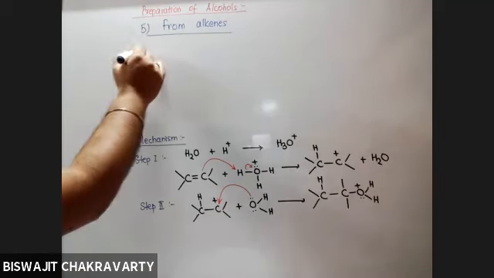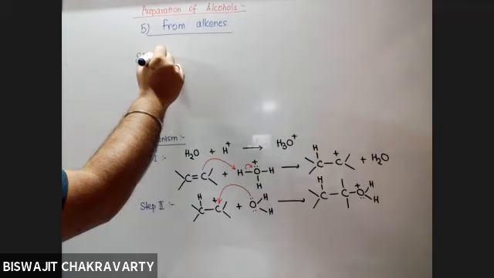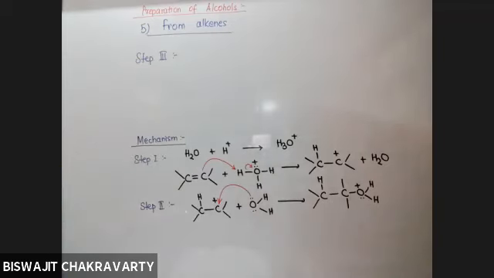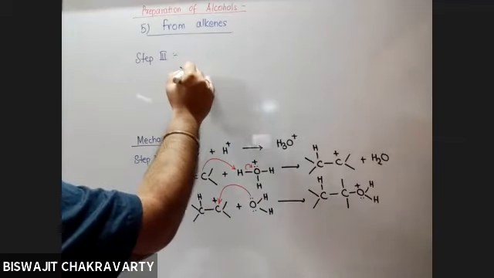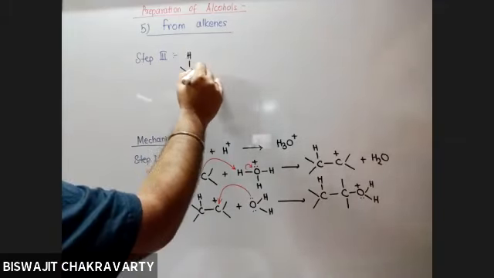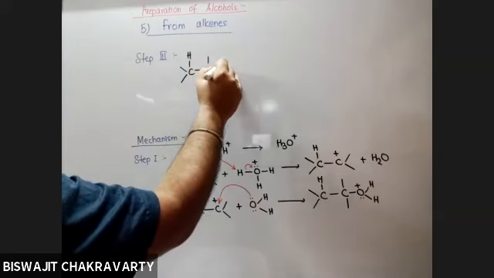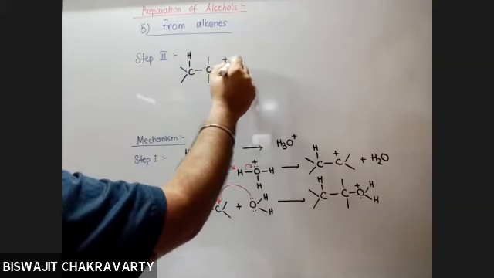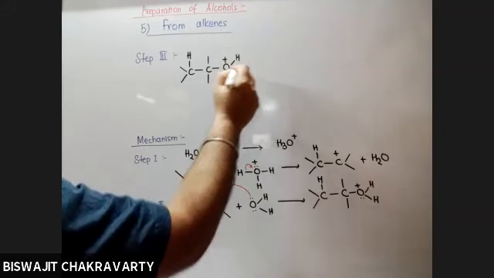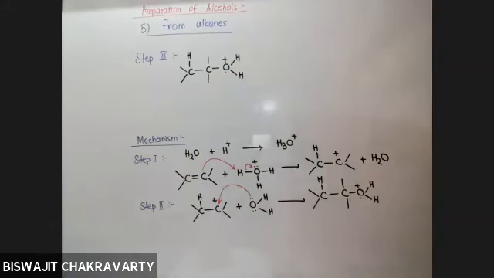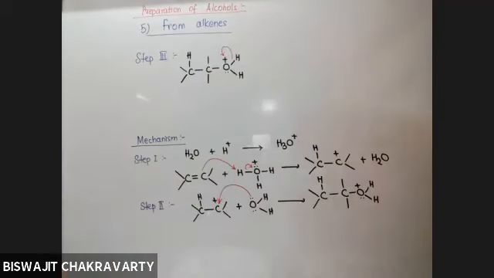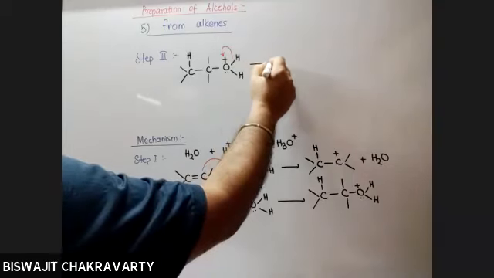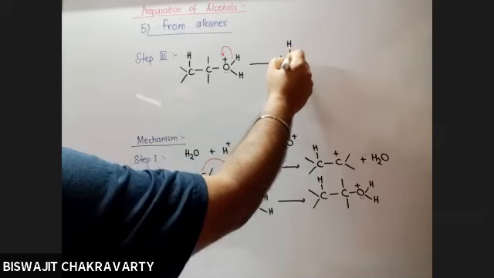So in step 3, this unstable species, to save itself, takes away the electron from the hydrogen again, thereby producing the alcohol.